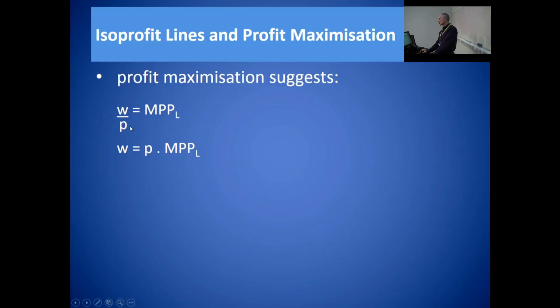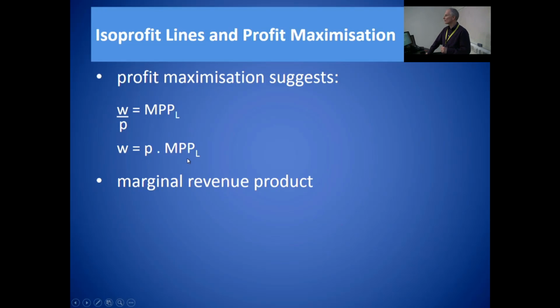I want you to multiply both sides by P. So that gives us W equals P times the marginal physical product of labour.